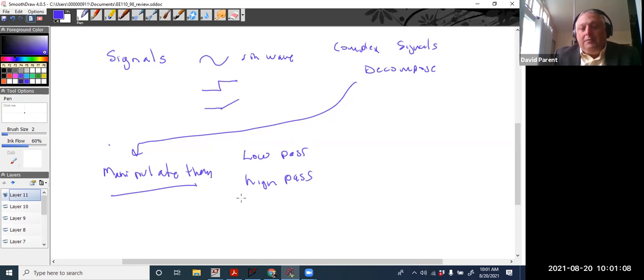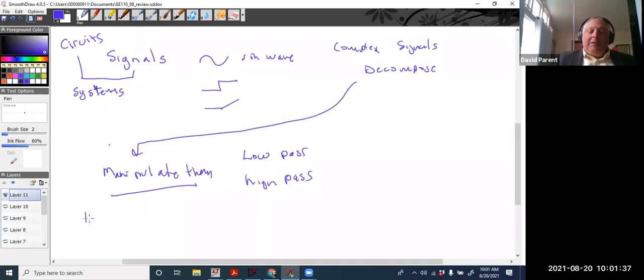But then a big part, because it's circuits and signals, if you're looking for other materials, is systems and signals, or signals and systems, however you want to say it. So the thing is, how do we manipulate them? Well, this is a better low pass filter.